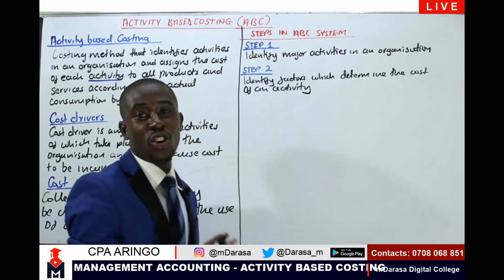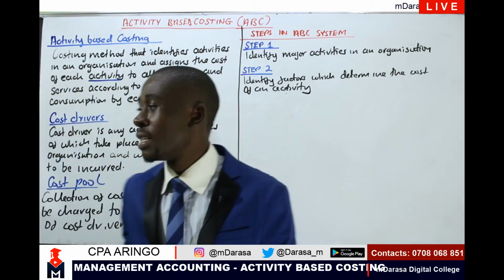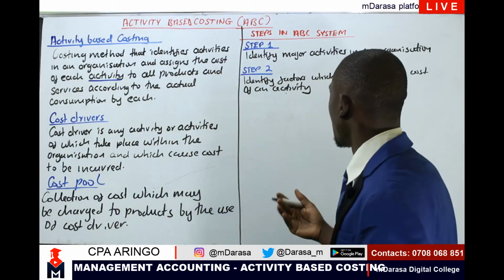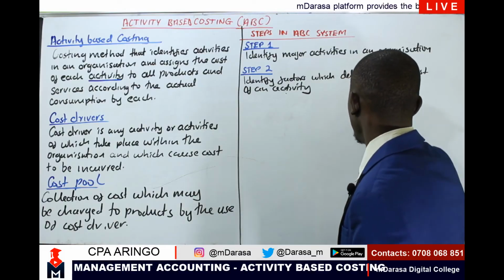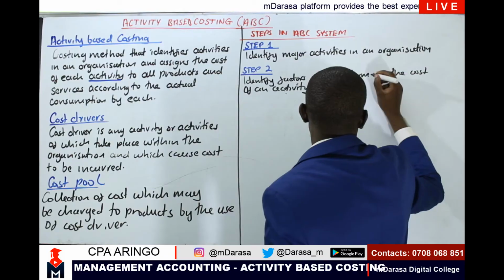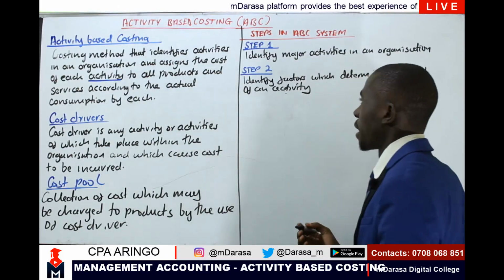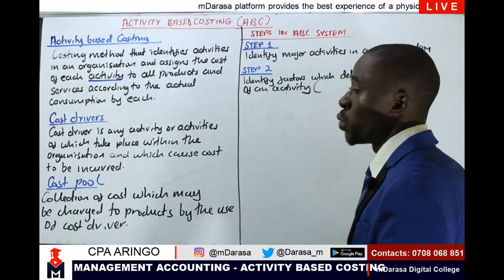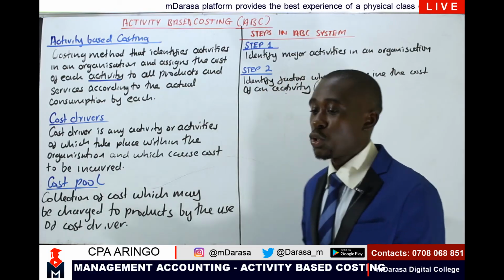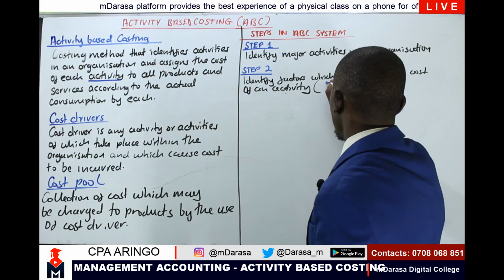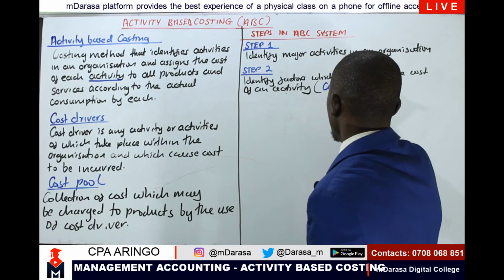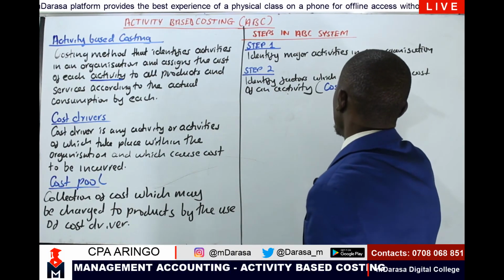A very key concept, and the beauty of it is that if we are asked to identify the factors which determine the costs of an activity, a good student will recall what we've just mentioned, the aspect of cost drivers. So step number two is to identify the cost drivers.